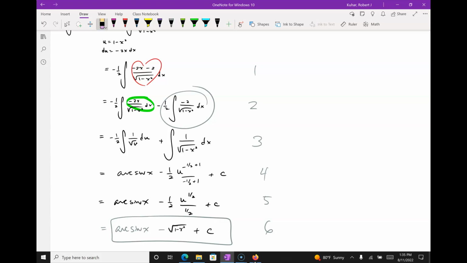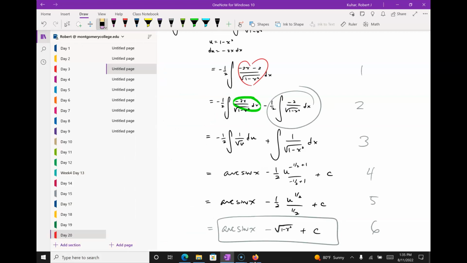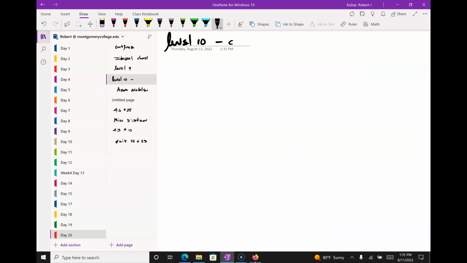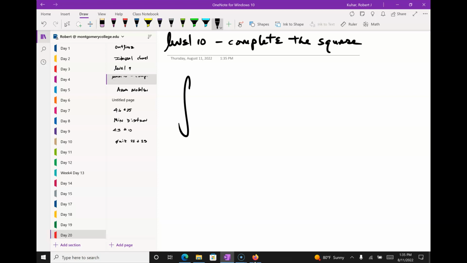Next level. Here we go. Level 10. Complete the square. Remember how much we tortured you with this in pre-cal, only so that you could be ready for this problem. Level 9 is a U sub with a trig.